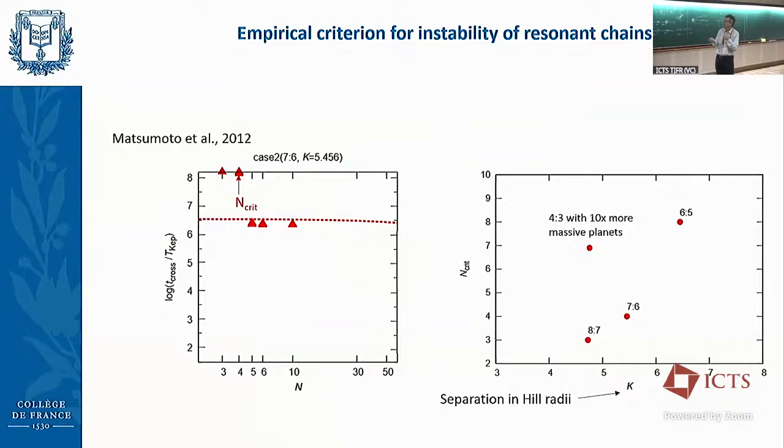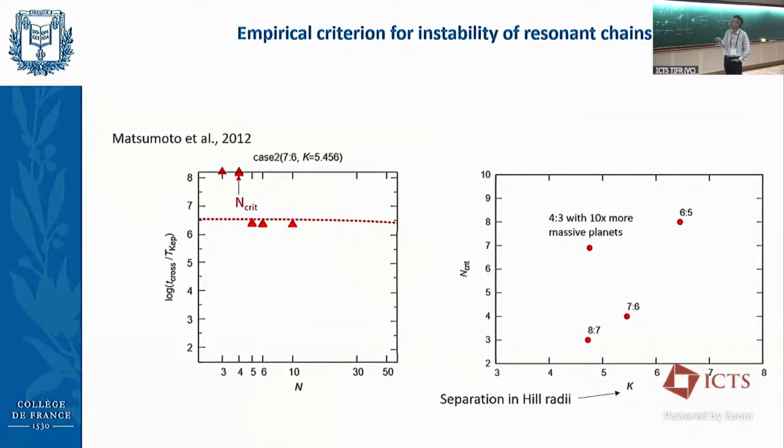They simulated for 100 million years, 200 million years, and decided if a chain becomes unstable before that time or after that. So they built diagrams like this. For instance, for a 7 to 6 resonance, they found that as long as you have 3 or 4 planets in the resonance chain, after you remove the gas, the chain is stable forever, for the integration time span of 200 million years.